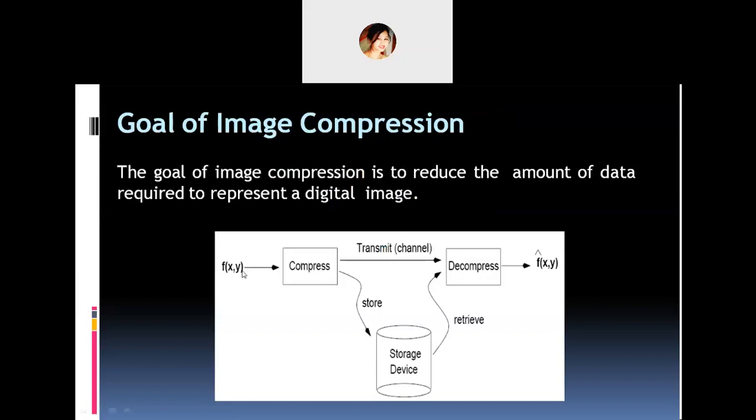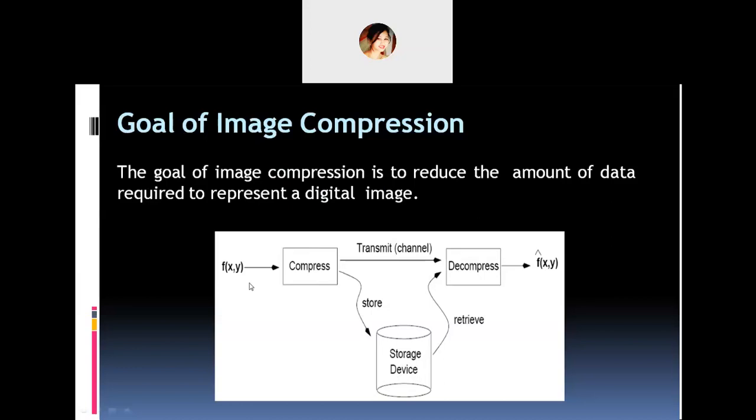This is the storage data. This is a function, and it uses a channel for compression and decompression. They are talking about decompression also. The main thing is the information stored in the device, suppose this is a function f of xy.